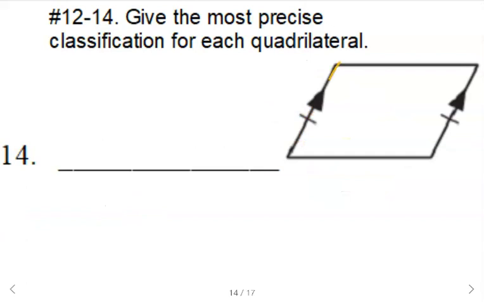Alright, since these 2 sides are parallel, cut by a transversal, we can figure this out by drawing in a diagonal. And so these would be congruent. This side would be congruent to itself. So triangle 1 and triangle 2 would be congruent. And therefore, these 2 sides would be congruent.